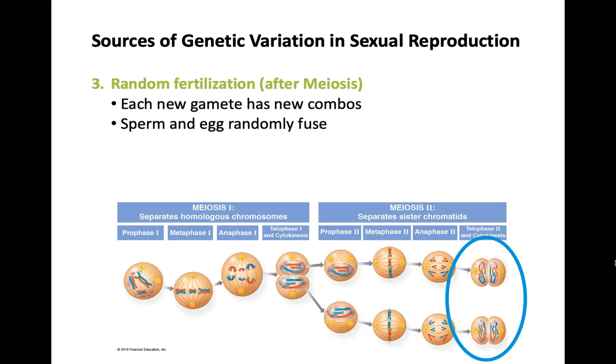So if you have two unrelated individuals combining their genetic material, now you have even more genetic variation. You have variation from independent assortment, variation from crossing over, and now variation from that random fertilization. So there's all kinds of new genetic variation that can occur in sexual reproduction, and this allows a population to be able to adapt and change if there's a new environmental pressure. It allows for evolution to work on a population.